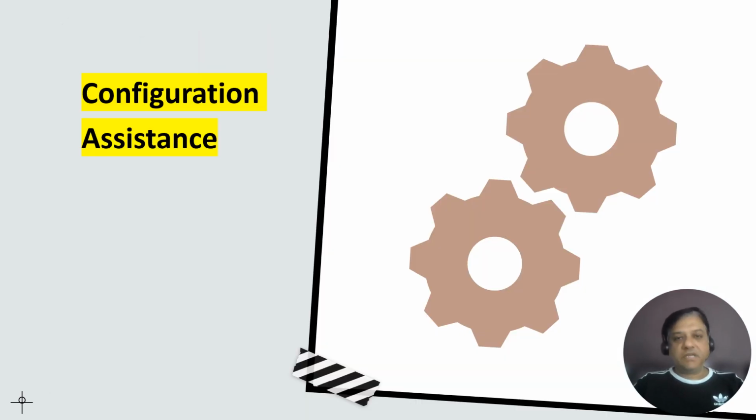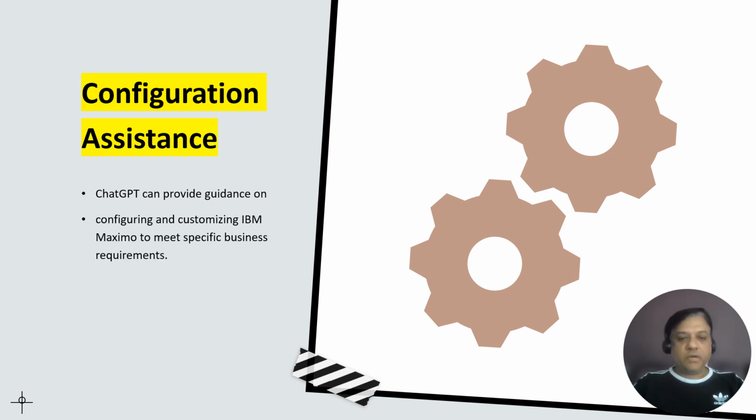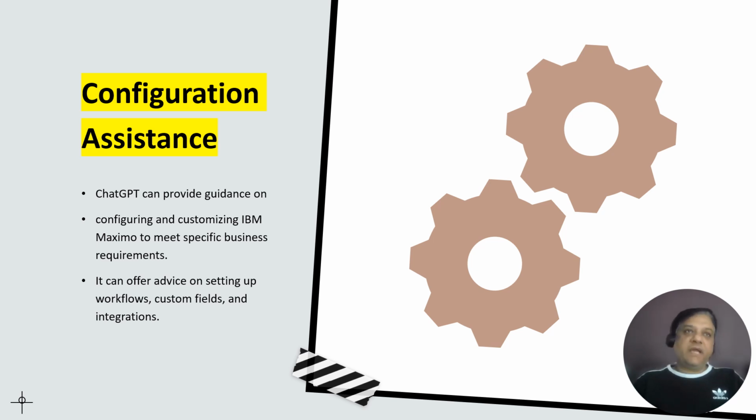Next is configuration assistance. It provides guidance in whatever configuration or customization you want to do, to meet specific business requirements. It can help you in that also. And then it can offer advice on setting up workflows, custom fields, and integrations according to the inputs that you have provided.